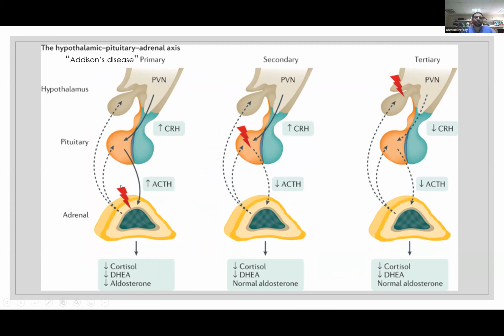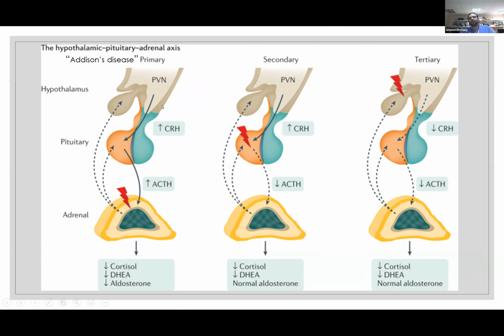So it can happen either here in the cortex. If we have a problem in the suprarenal cortex, that means the factory itself is not going to manufacture those hormones. So we will have very low cortisol, androgens, and aldosterone. All of them will be lost. But we will have lost the negative feedback mechanism.